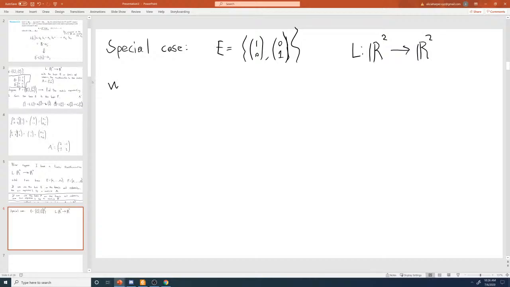With respect to E, L has the matrix 1, 2, 1, 1.